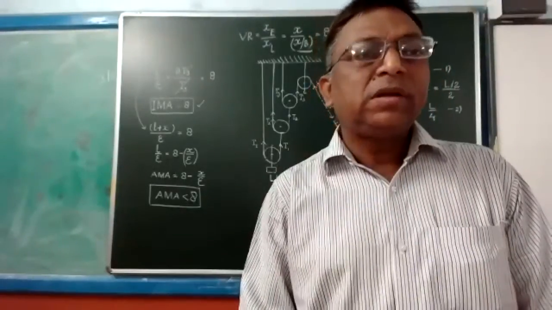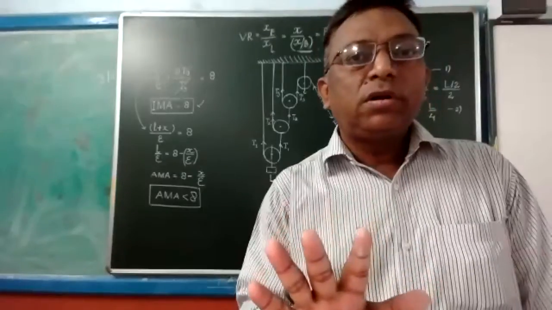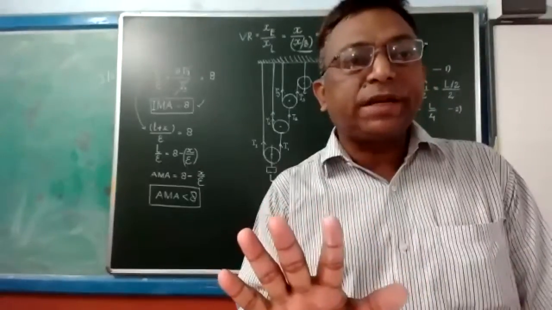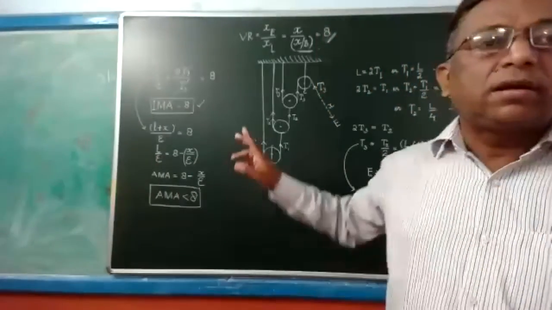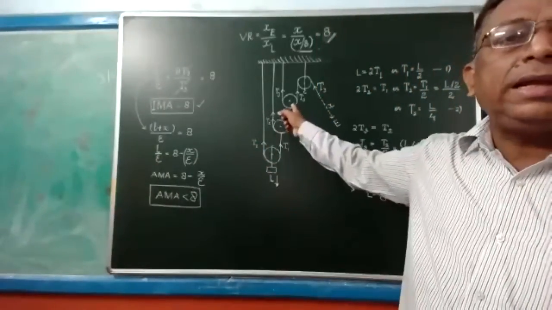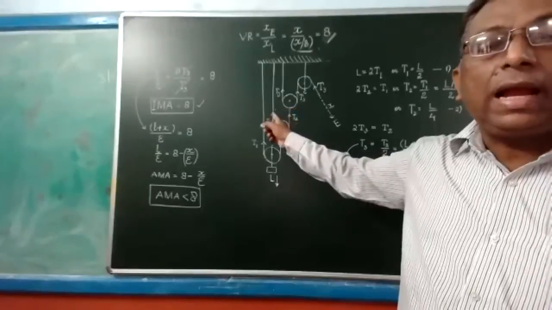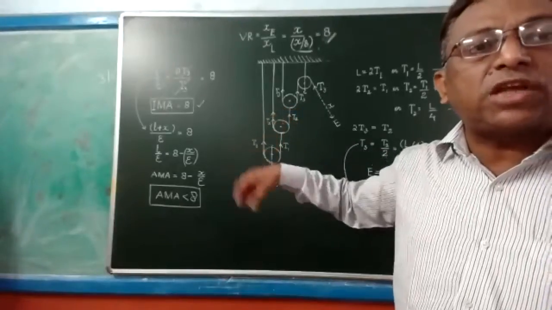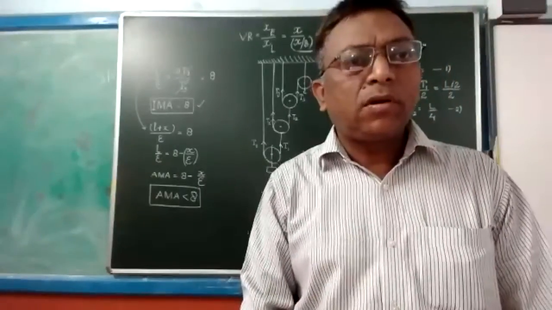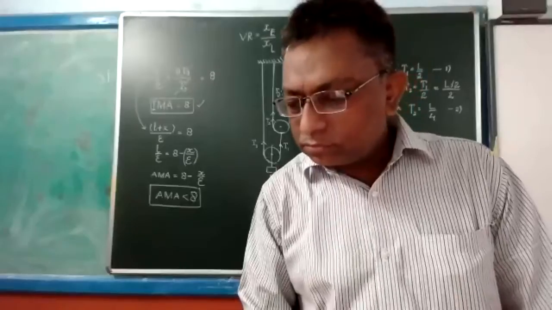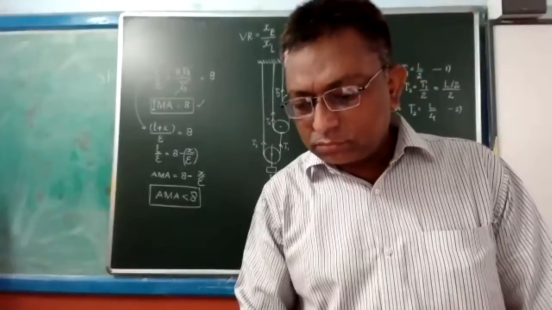Till now, you got the value of velocity ratio through the two equations. Clear now? L E equal to T and L equal to something in terms of tension. Clear? So, sir, the velocity ratio will not be equal to the number of supporting segments.